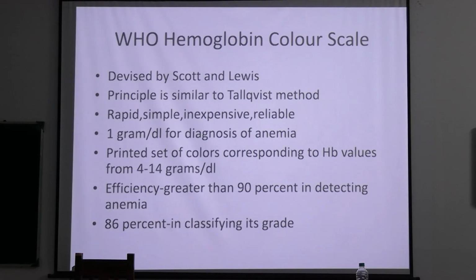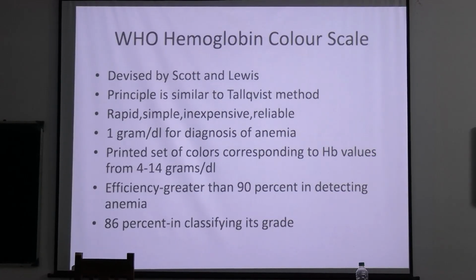Now WHO also has a color scale. This is also for the far away areas. It is also used for screening women and children's health in the faraway areas and starting iron therapy.